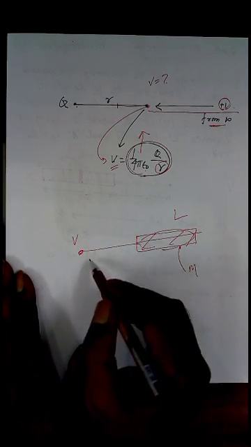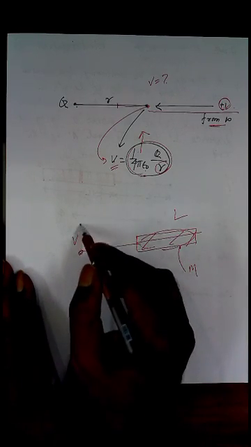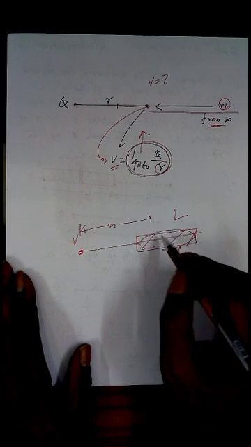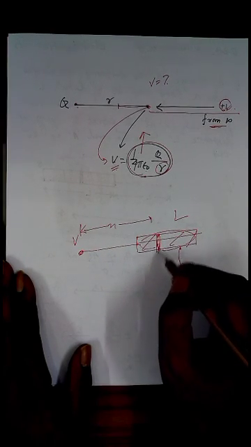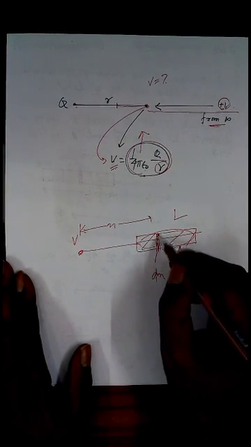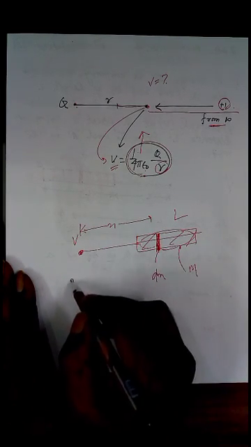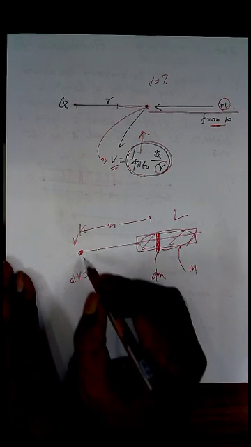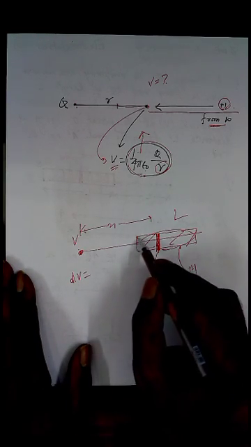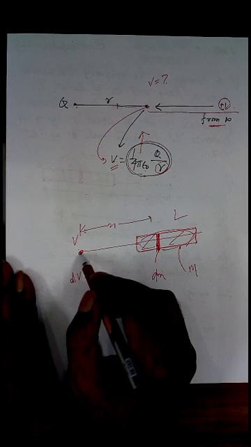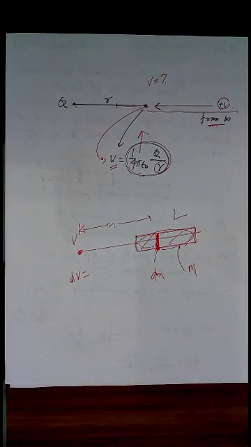The same technique you have to apply. At a distance x, you consider a small element dx, then find how much mass is in it. Due to this mass, you find the potential dV here, and then you integrate that to find the gravitational potential of this rod at this point. A similar problem in gravitation is also there.